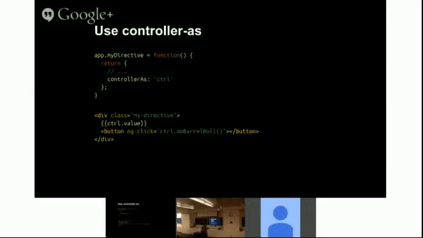And so we actually use that a lot internally. Our style guide dictates that for anything that is written new in your template, you bind to things through the controller.